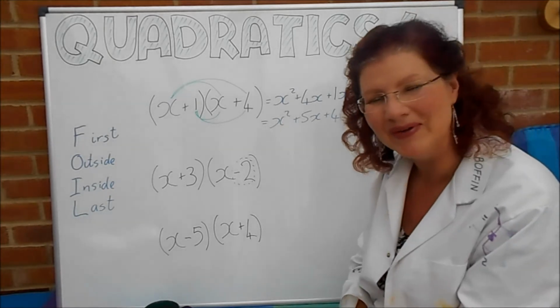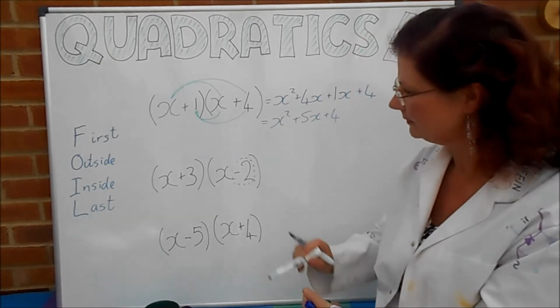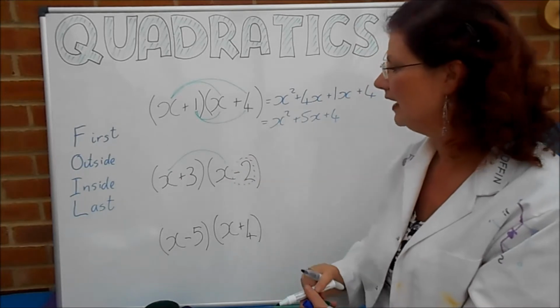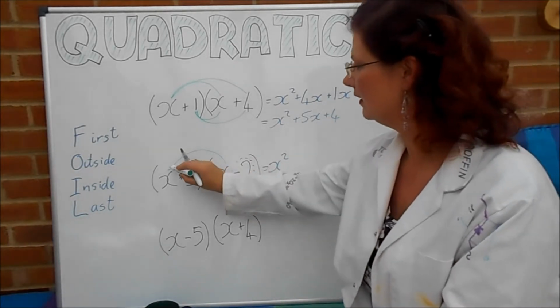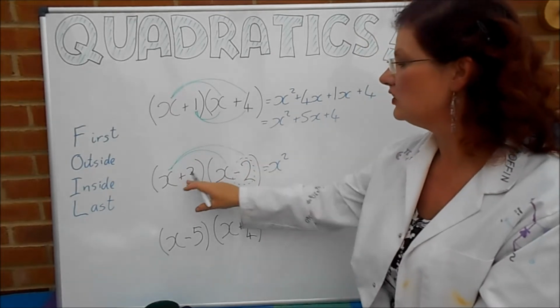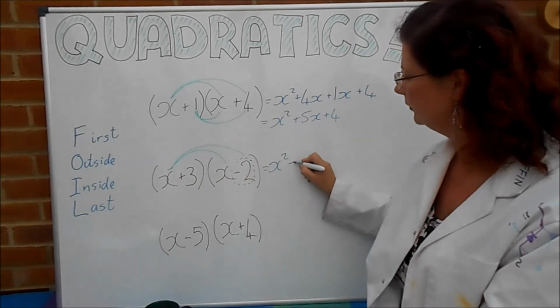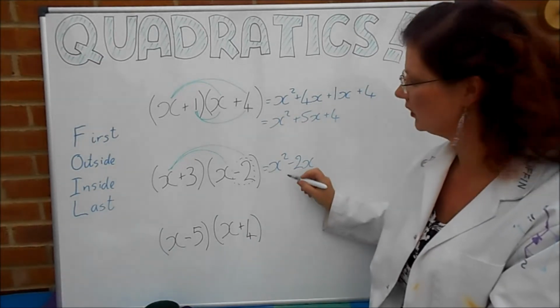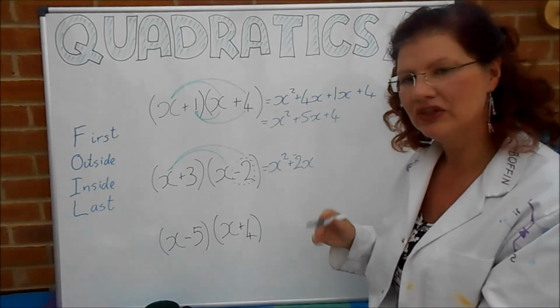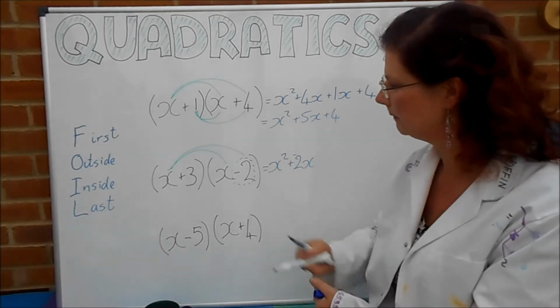There, I hope you got that one. Here's the next one. The first ones, x times x is x squared. The outside, x times negative 2. You can either write take away 2x, or you can write add negative 2x. Both are fine.